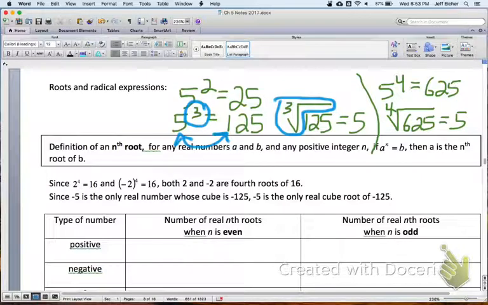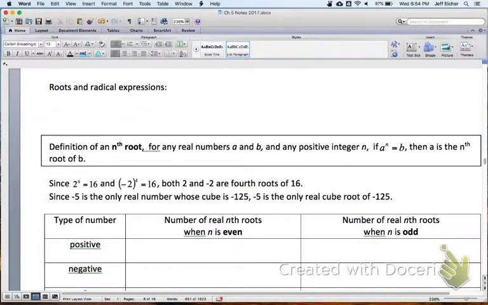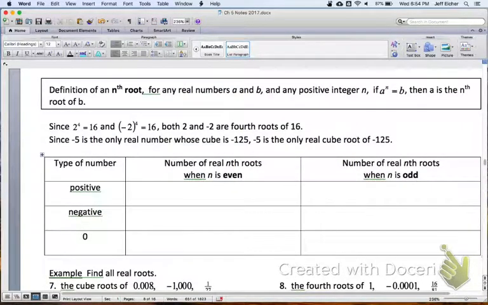So the definition of an nth root is: for any real numbers a and b and any positive integer n, so you can't have a negative 1th root or a negative 2th root. Negative 2th root is kind of fun to say, but we don't have those.